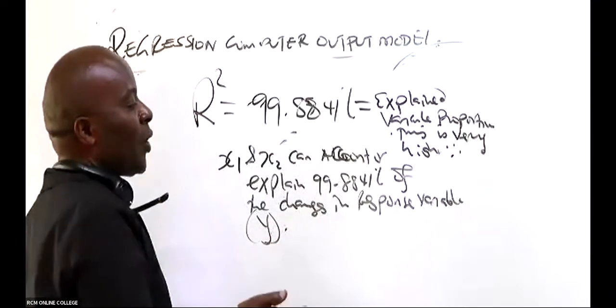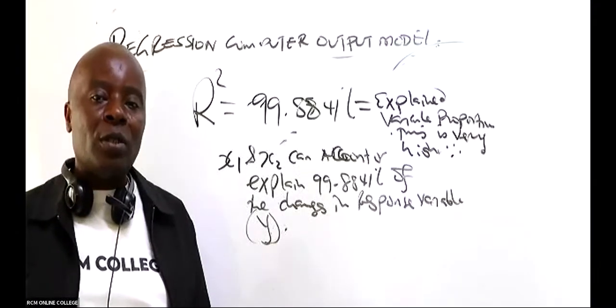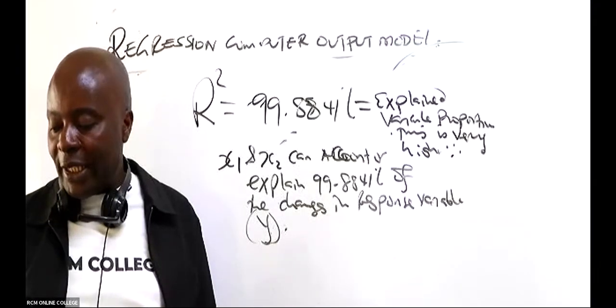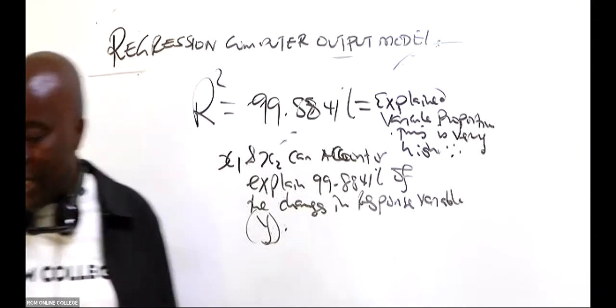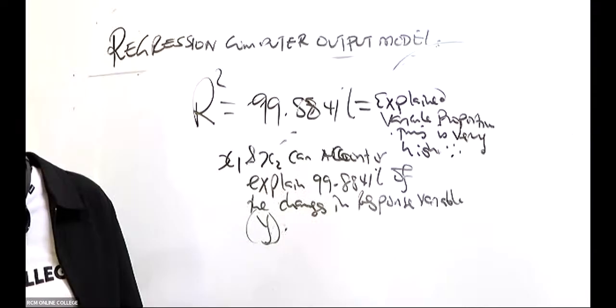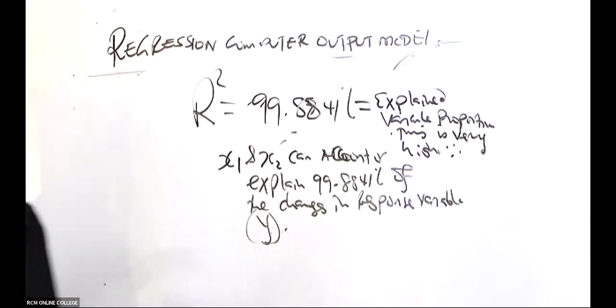So 99% is so high that we don't need to look for any other predictor variable. That's very good, Julius. Thanks for attempting it. Thank you so much.